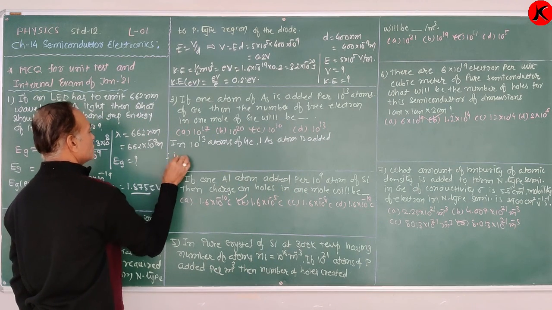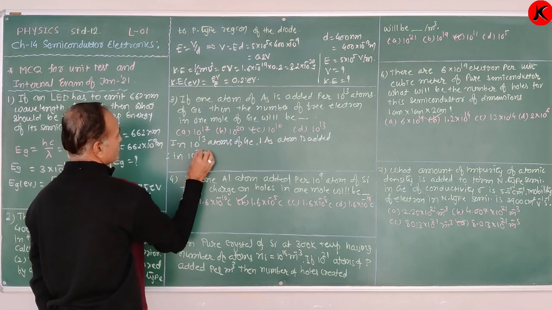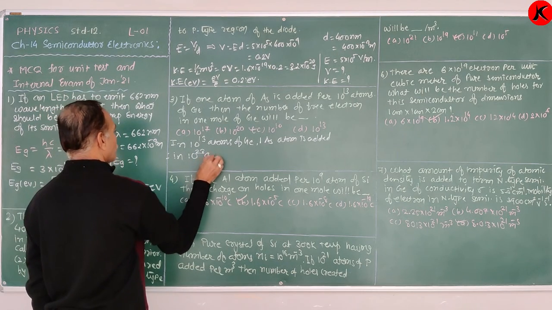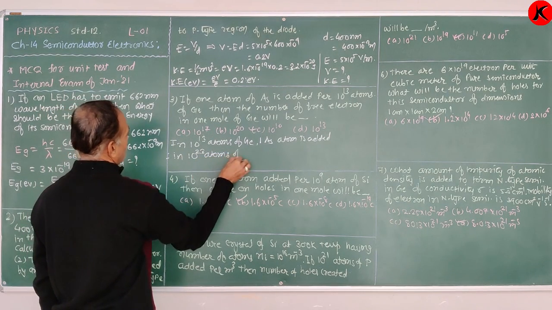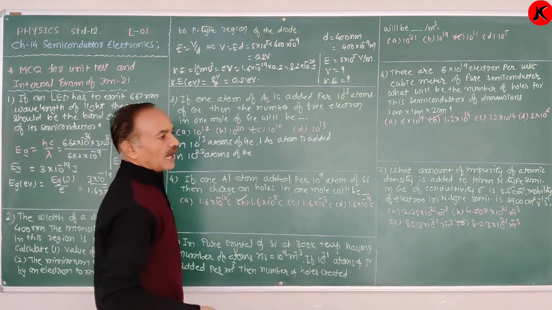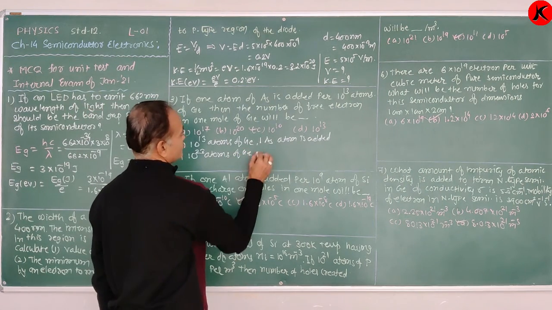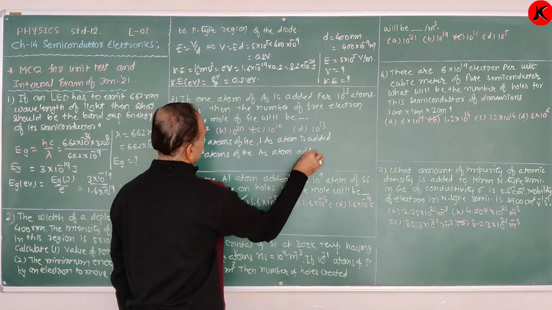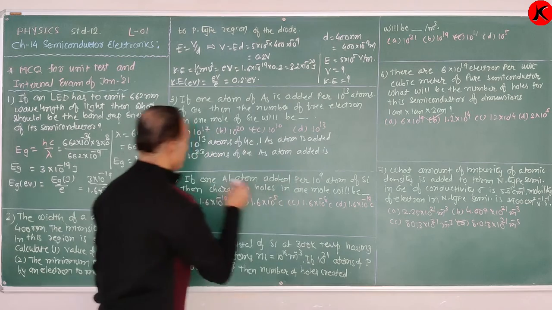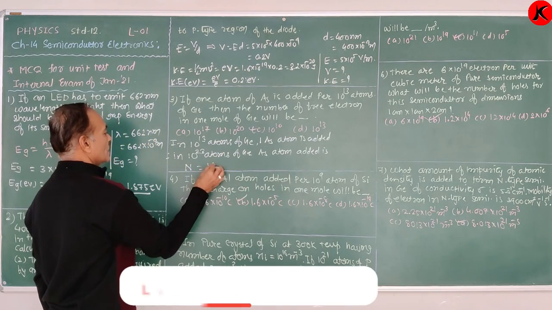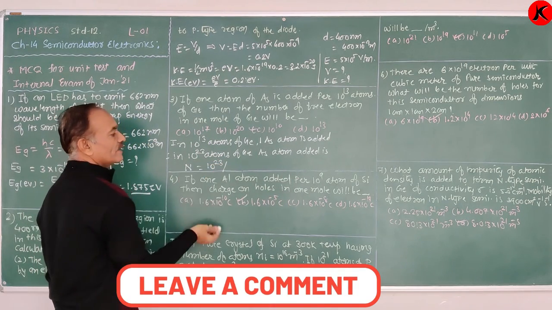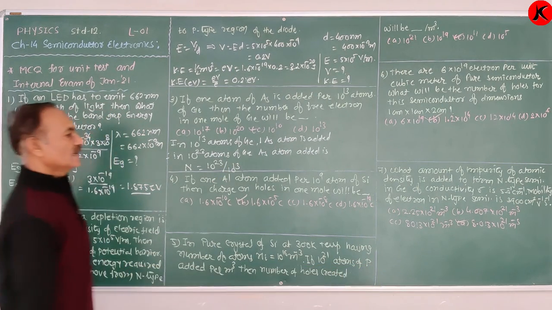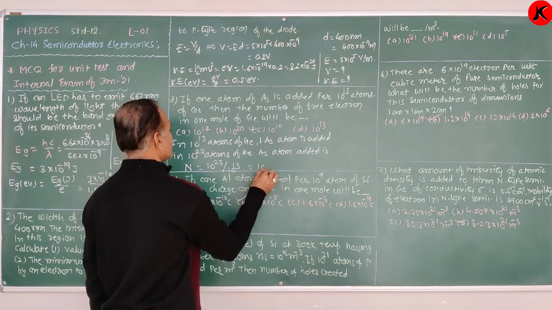So in 10 to the power 23 atoms of germanium, how many arsenic atoms are required? The arsenic atoms added are 10 to the power 23 upon 10 to the power 13, which is equal to 10 to the power 10.